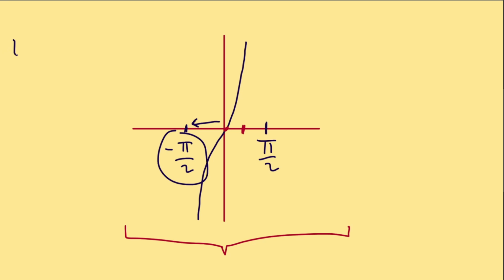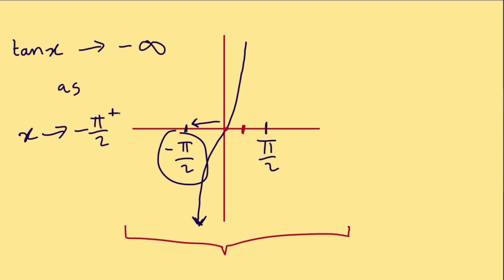It would be tan x approaches negative infinity, which is down this way, as x approaches negative pi over 2 with the little plus. And what this little plus means is basically approaching it from the right.